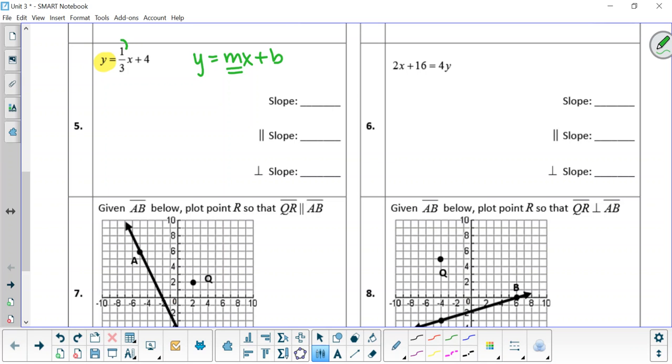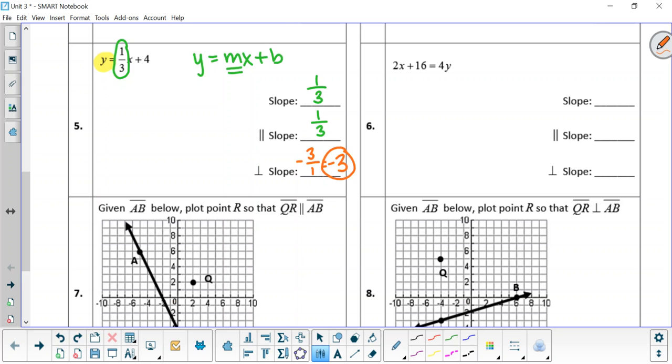So here's my x. The number in front is 1/3. So my slope is 1/3. So a parallel slope is 1/3, which means my perpendicular now has to become a negative 3 over 1. We don't like 1 on the bottom, so it just becomes negative 3.